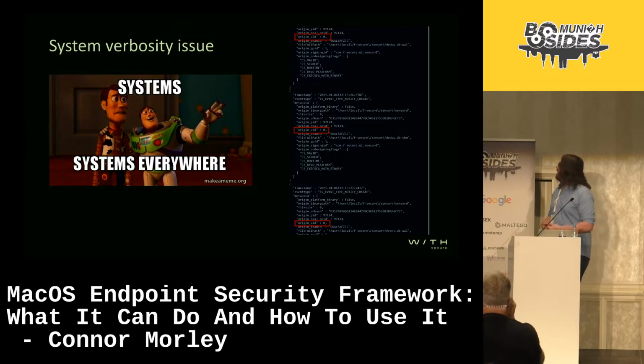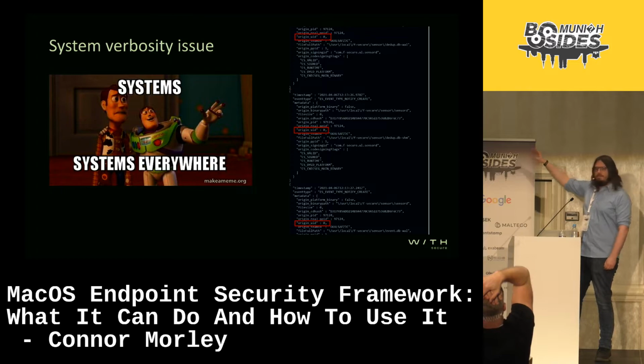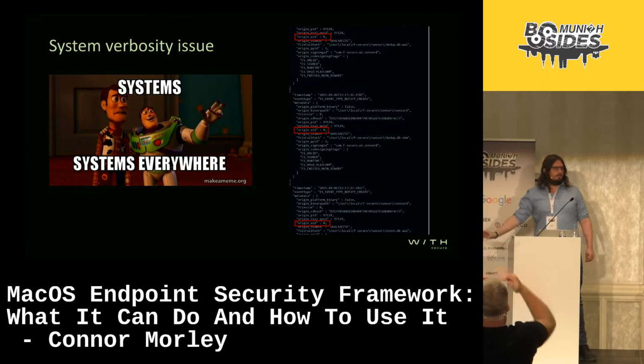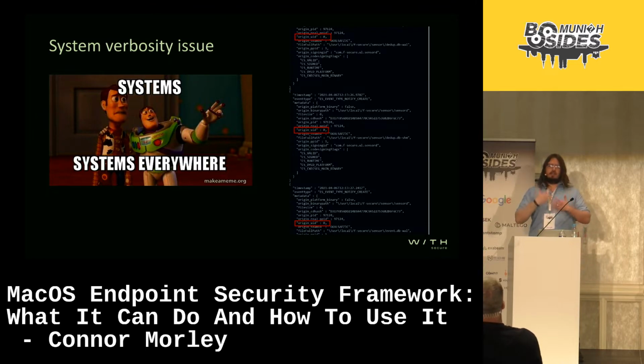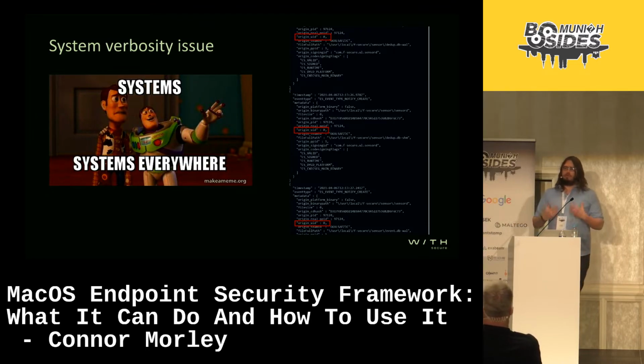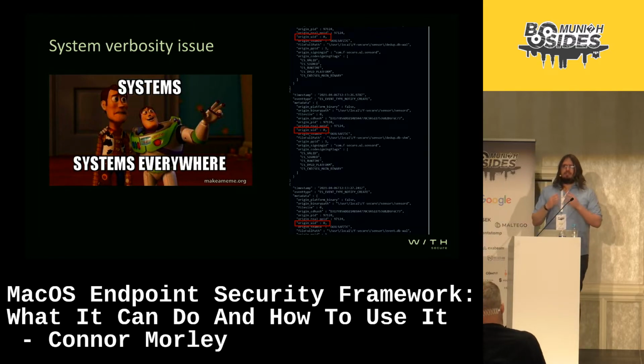System verbosity. If you look at the image on the right, you'll see that the original UID is 0. This is the system user ID on the operating system. Because it works at the kernel level, it ingests all the process and file information for the system as well, including system daemons and system-level proprietary management systems. And this creates a problem.